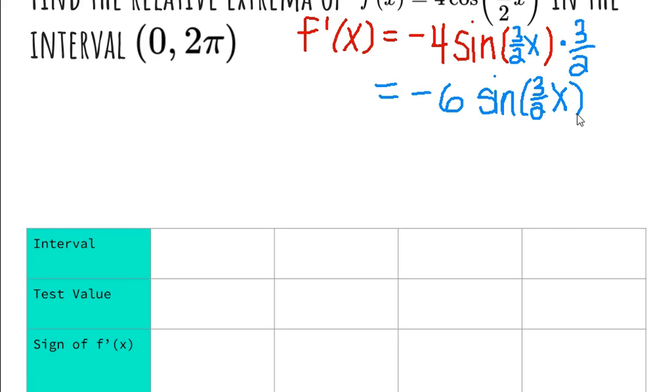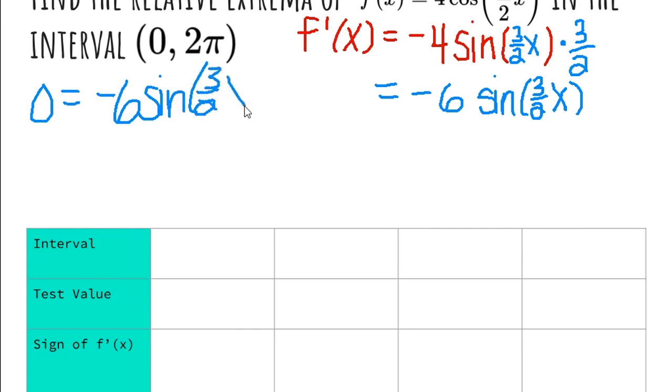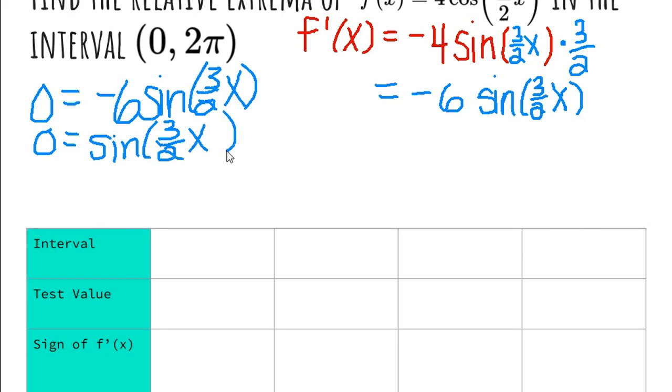Now, sine is continuous, so there's never anywhere that it's going to DNE, but it can equal 0. So I'm going to set it equal to 0. I divide by -6 and I get 0 equals sine of 3/2 x. So I'm going to ask, where is sine 0?